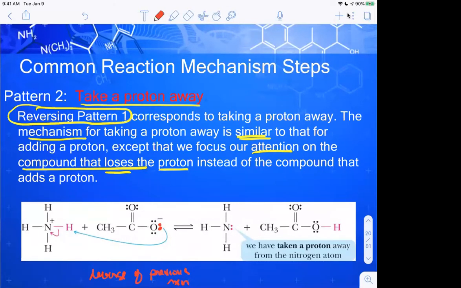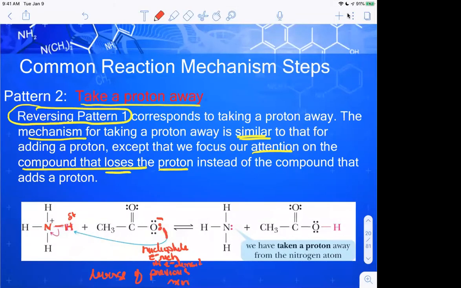But here, this is negative. This is a nucleophile. It's going to be electron rich, high electron density. So the base of my arrow starts there. This is positive, right? But this is a polar bond. So this is really very partial positive on that hydrogen because nitrogen is very electronegative.